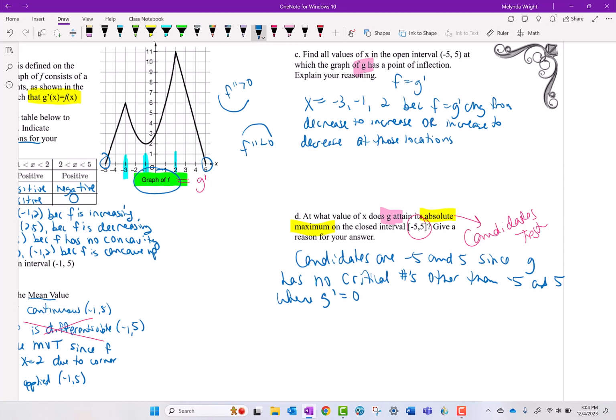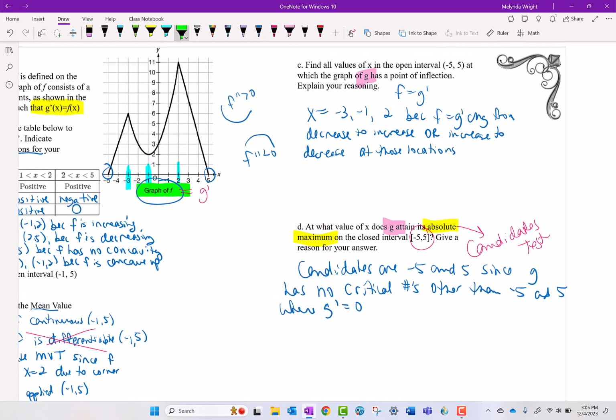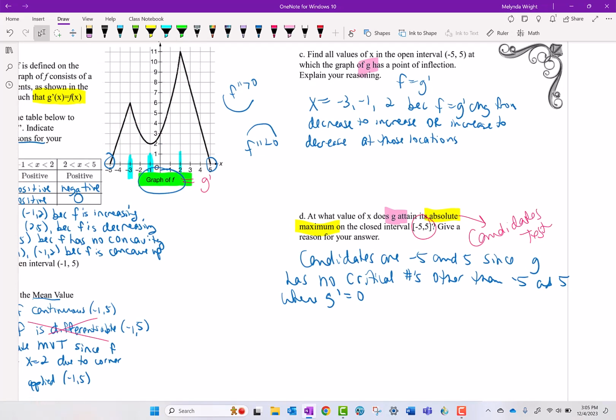Well, how in the world are we going to tell? What are we going to think about? So if we're starting at -5 and G prime, look at how G prime is. This whole time, G prime is above the x-axis the entire time. What does it mean when G prime is above the x-axis? Well, that means G is increasing.